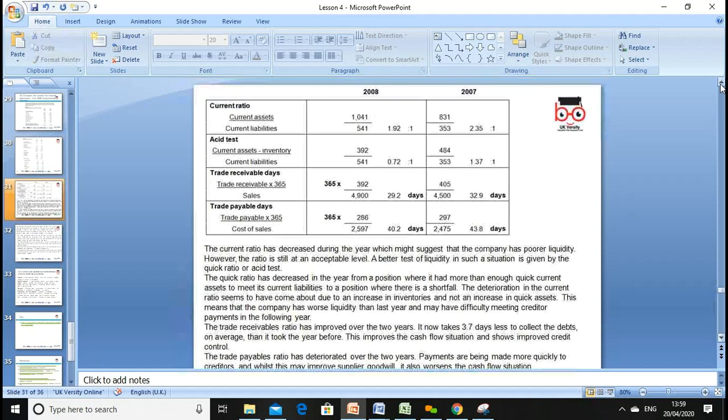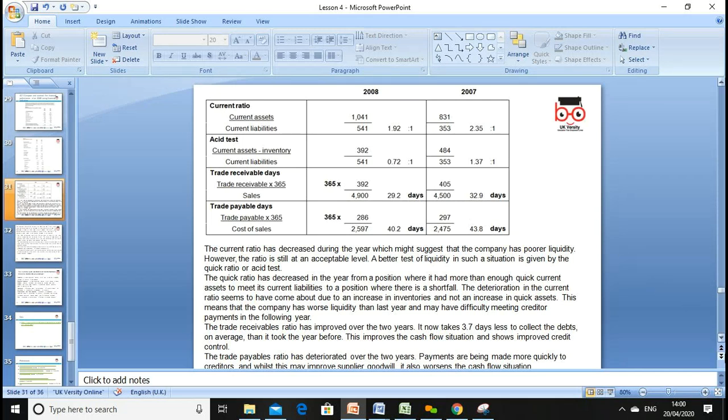Then we can go further down and look at the 2 years' ratios. The current ratio this year, 2017, was better than 2018, and we can look at the asset turnover ratio.